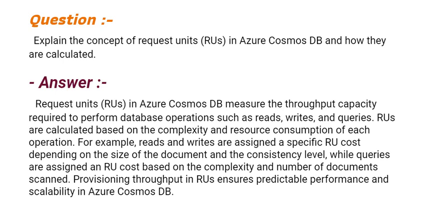For example, reads and writes are assigned a specific RU cost depending on the size of the document and the consistency level, while queries are assigned an RU cost based on complexity and the number of documents scanned. Provisioning throughput in RUs ensures predictable performance and scalability in Azure Cosmos DB.